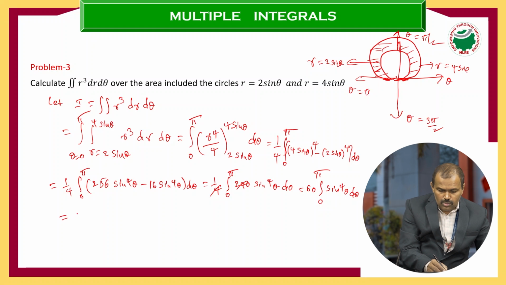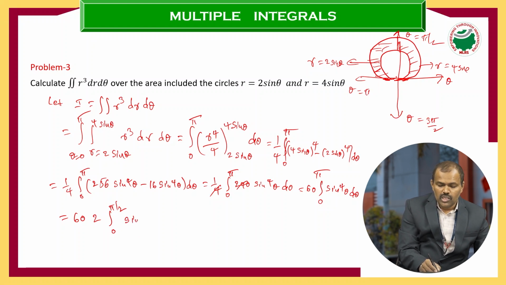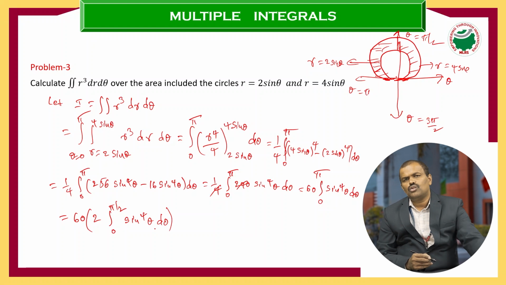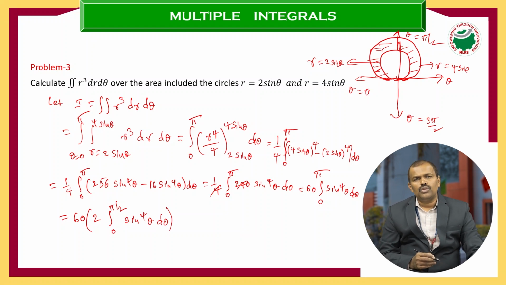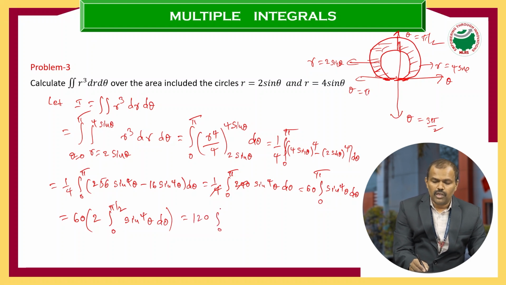So here 60 becomes 2 into 60, 120, integral 0 to pi by 2 sin power 4 theta d theta.